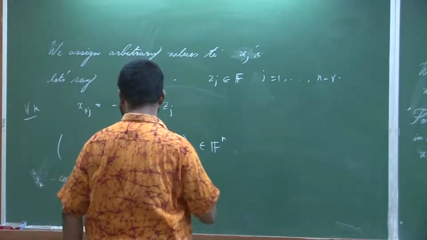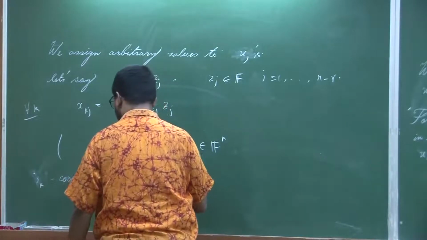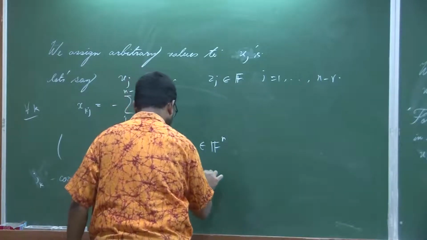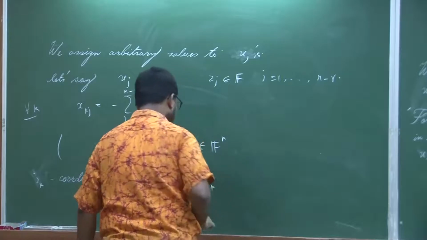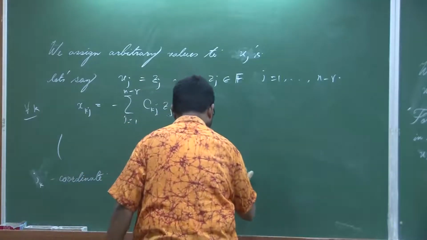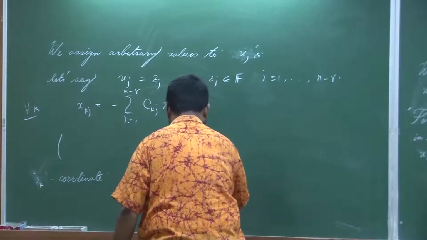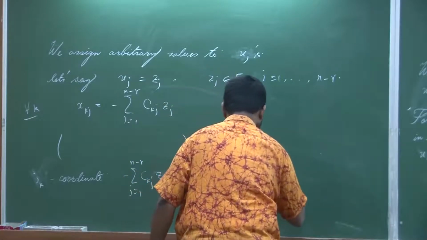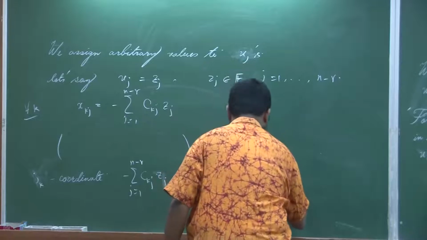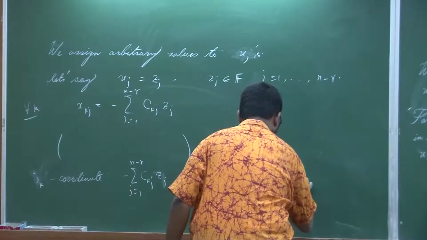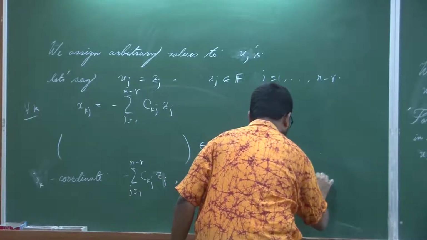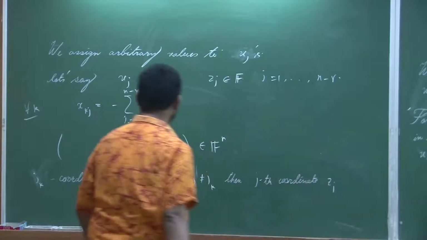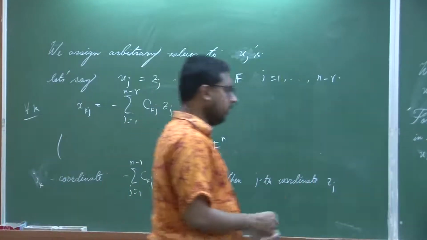And for the other coordinates, if j is not equal to j_k for any k, then the jth coordinate is basically this z_j. Okay, that is how you get a solution.